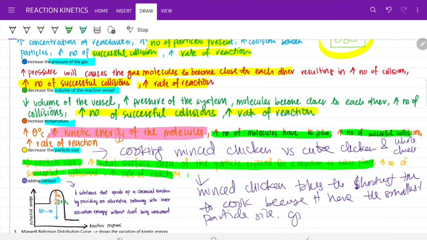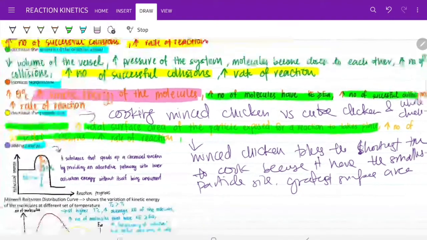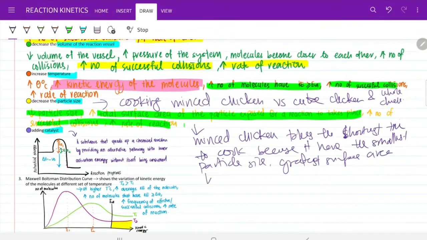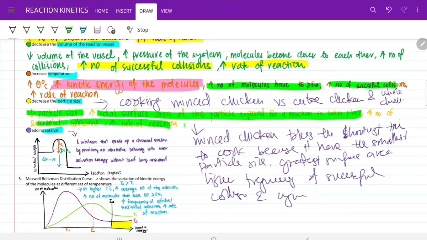That means greater surface area, the greatest surface area, leading to a higher frequency of successful collisions and a higher rate of reaction. So that is a live example of how decreasing the particle size can lead to a greater rate of reaction.